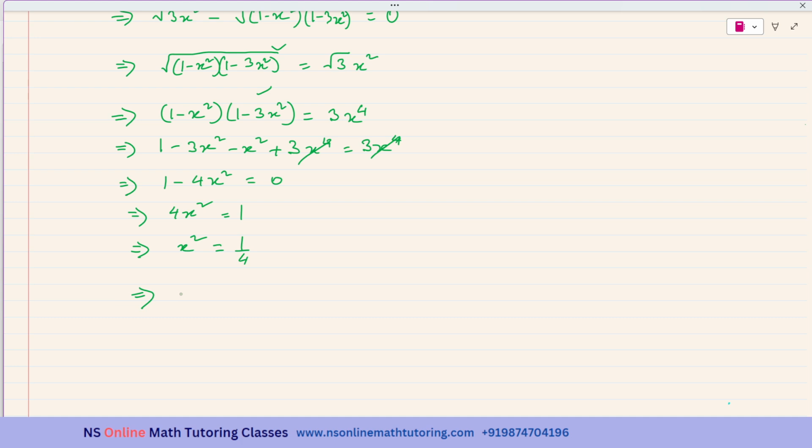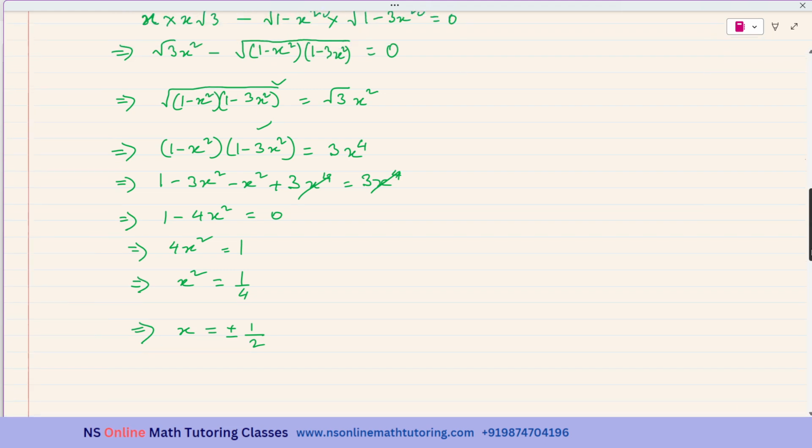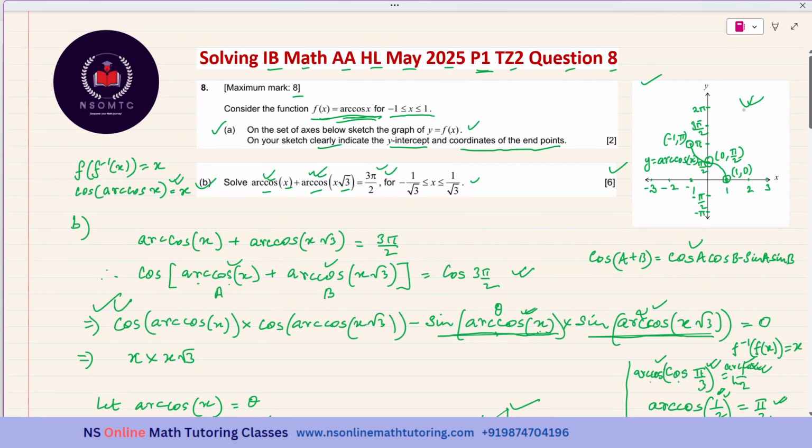and taking the square root of both the sides, we get x equal to, we are taking the square root, so don't forget to put the plus minus, half. Okay, the x values will be plus half and minus half.